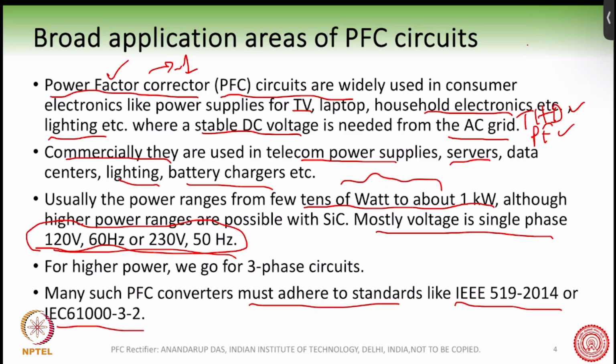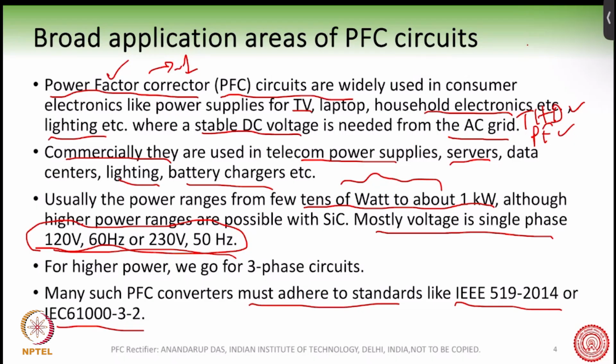Frequency is not so stringent a requirement, because you will see how we will work it. Frequency is not a challenge, but the 120 and 230 volt range has some challenges in the design of the PFC circuit. If you are specific to a particular country, the design becomes much easier.